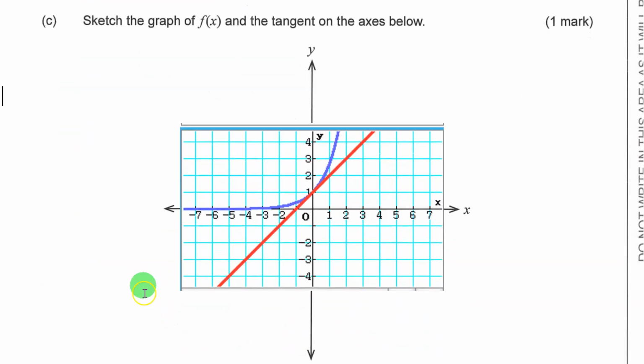So here we go. I've just taken a screenshot off ClassPad. There was no scale on the axis here, and it's only 1 mark, so you've got to do quite a lot here.